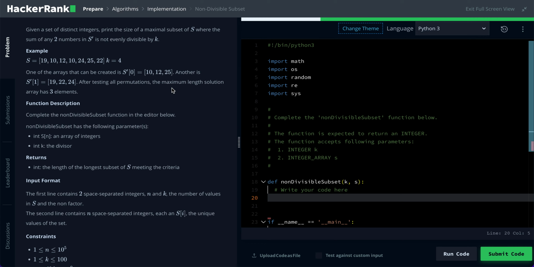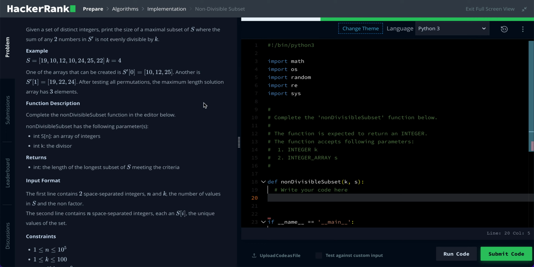The simple way to solve this question would be to build out all the possible subarrays and then loop through those subarrays and ensure that the sum of any two numbers in that subarray is not divisible by 4.